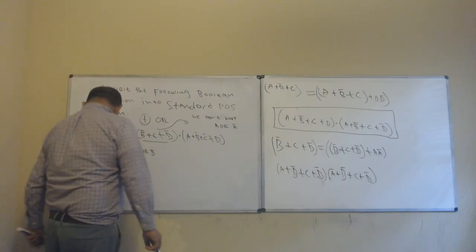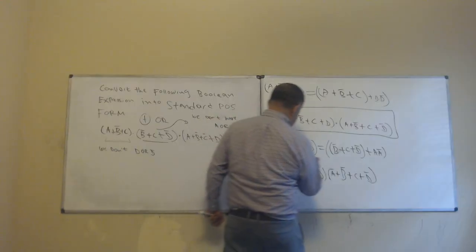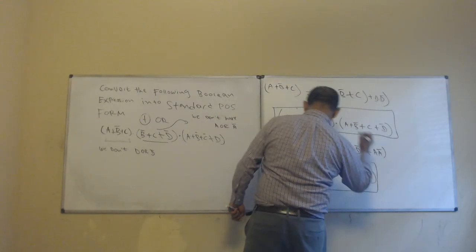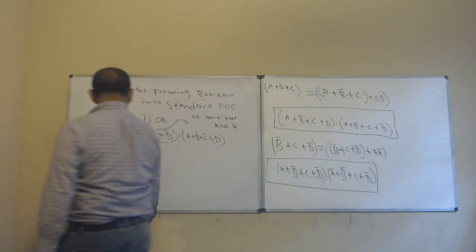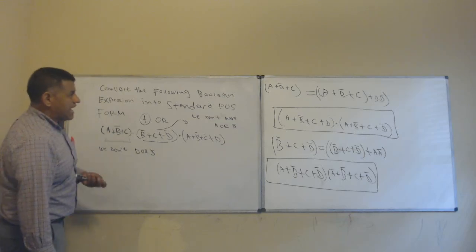So now what we do is put this together, right? So we need to put this in one whole expression, right? So now what we can do is the following. We can start with the top.